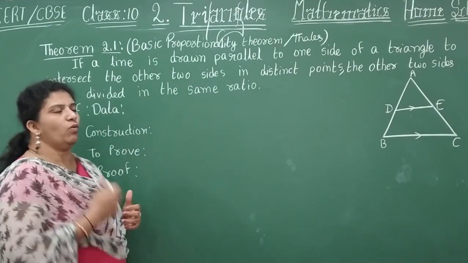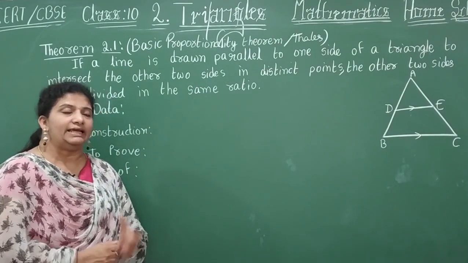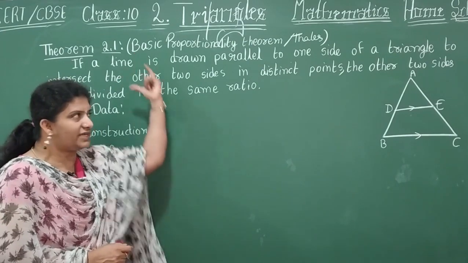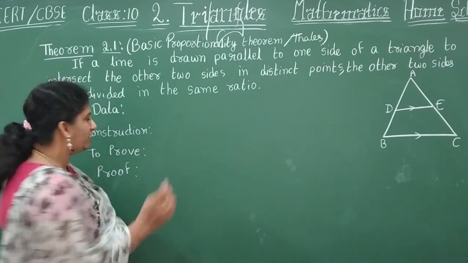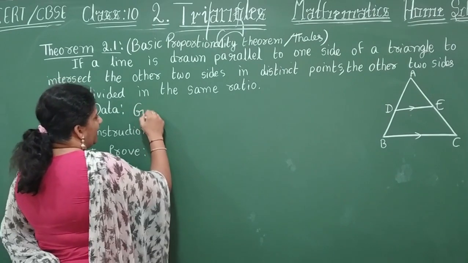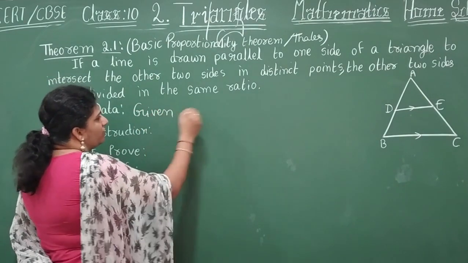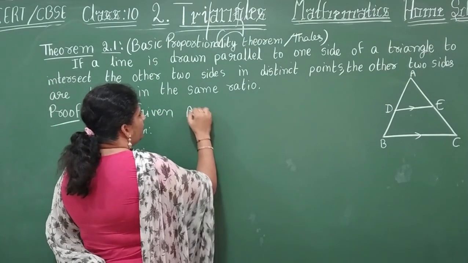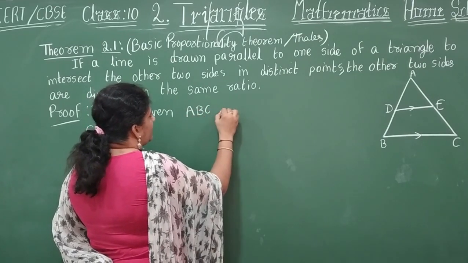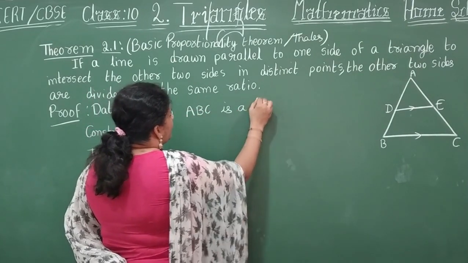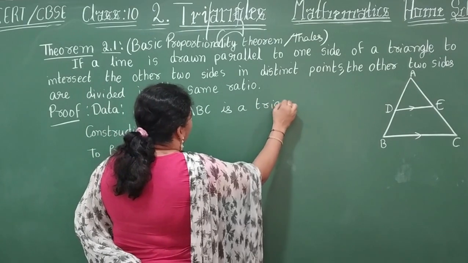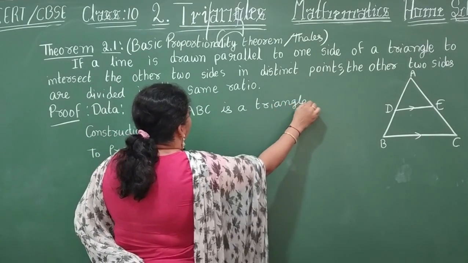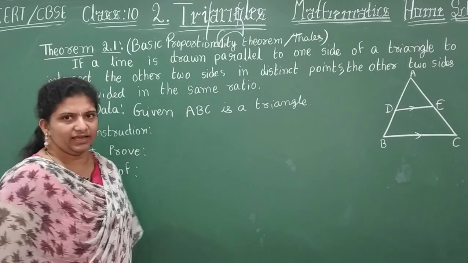What is the data you need to write here, children? In data, you write what is given in the statement. So here, given: ABC is a triangle.